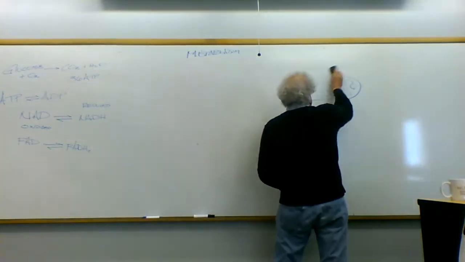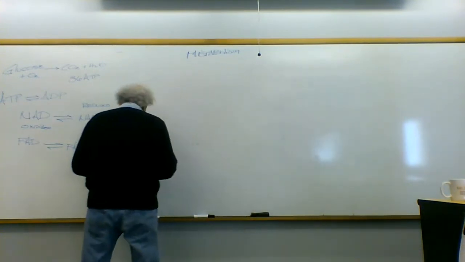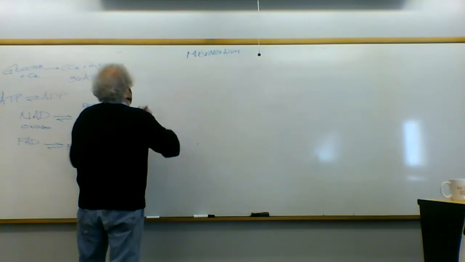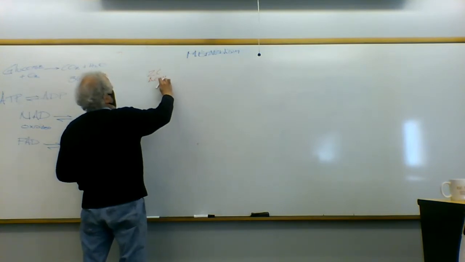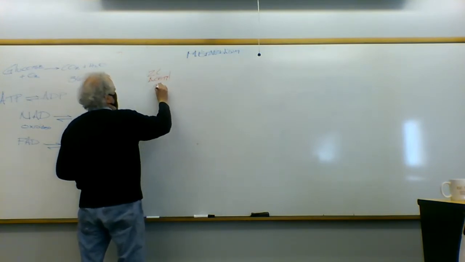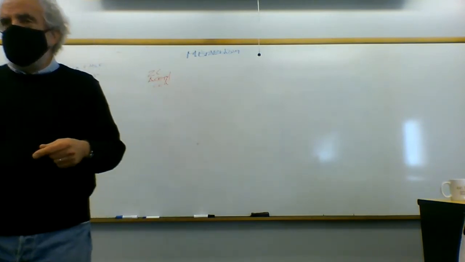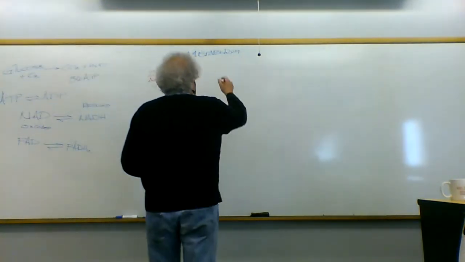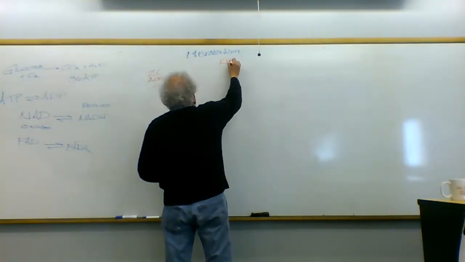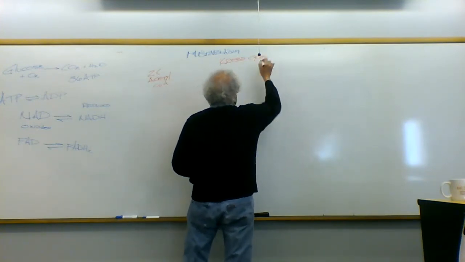Now, the 2-carbon acetyl-CoA molecule goes into a system that we call, of course, the Krebs cycle, named after our friend Hans.